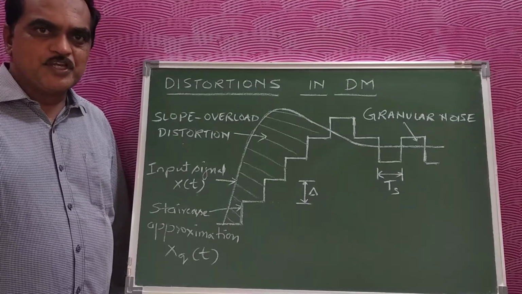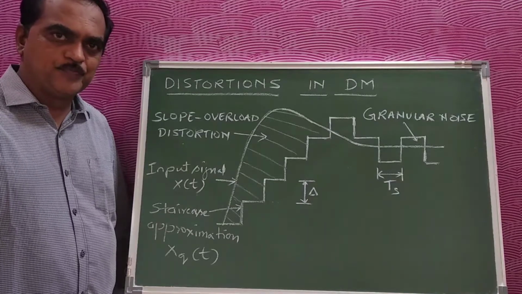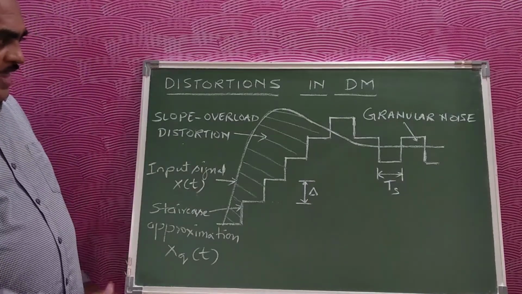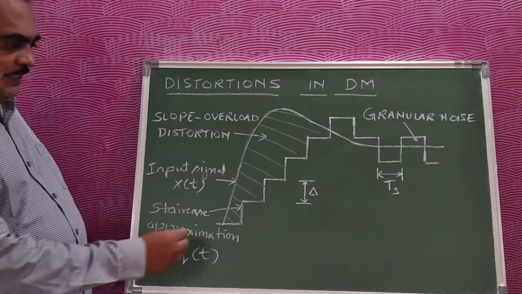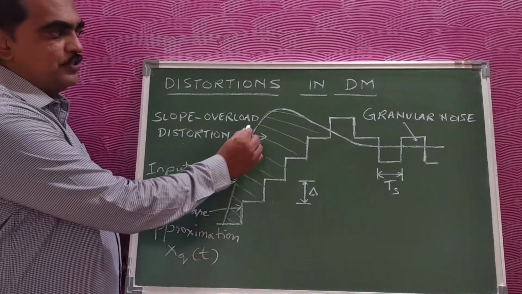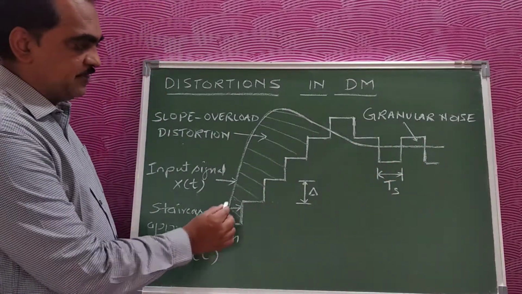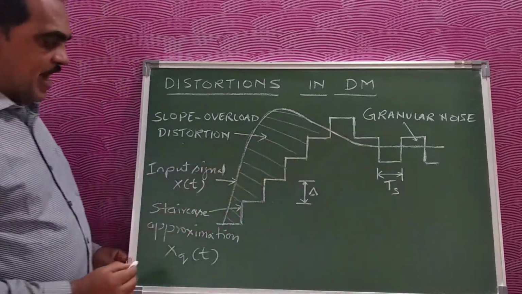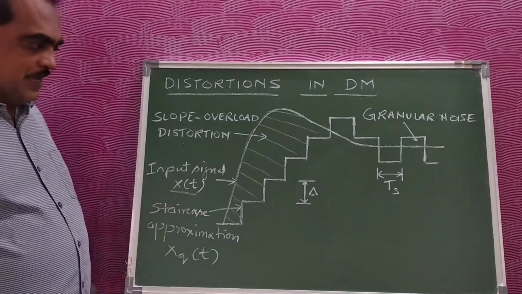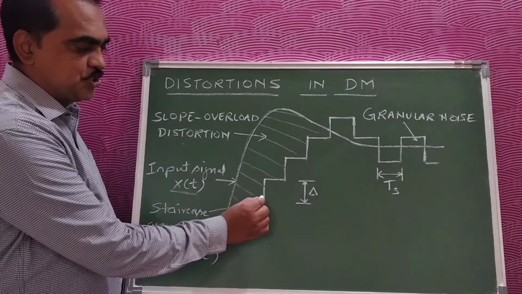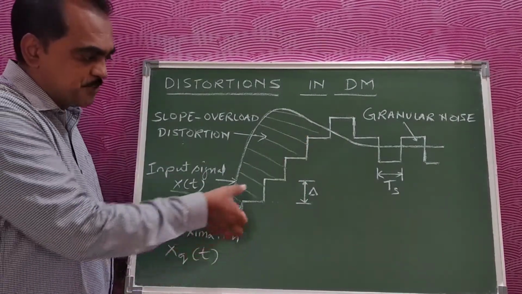Dear students, now we will see distortions in delta modulation. As I have shown in this figure, this is your analog signal which is going to contain the information, named x(t), and this is the staircase approximation which has a fixed step size.